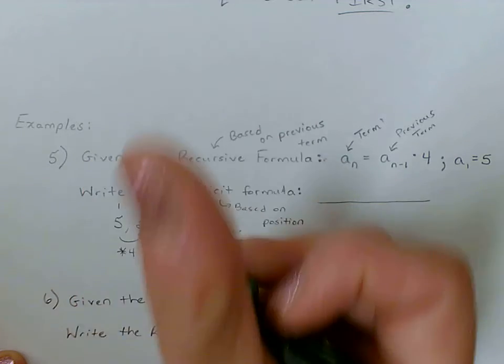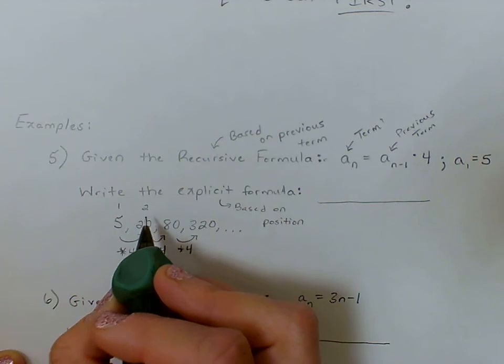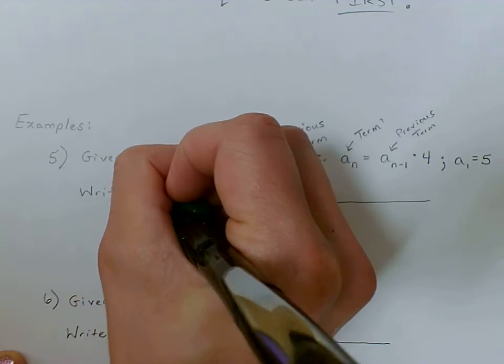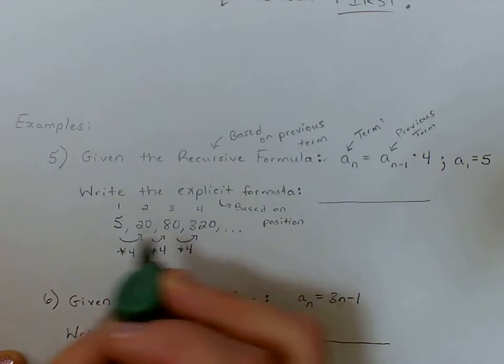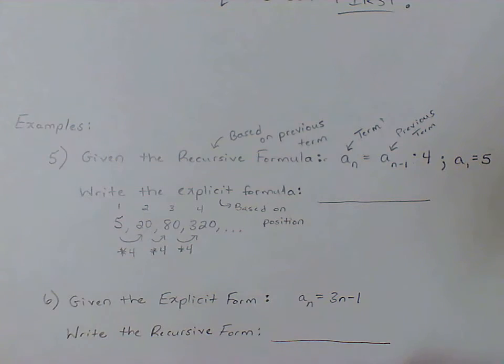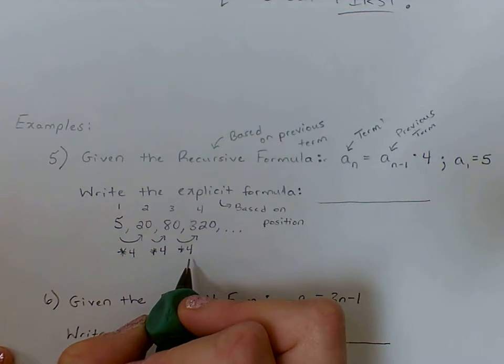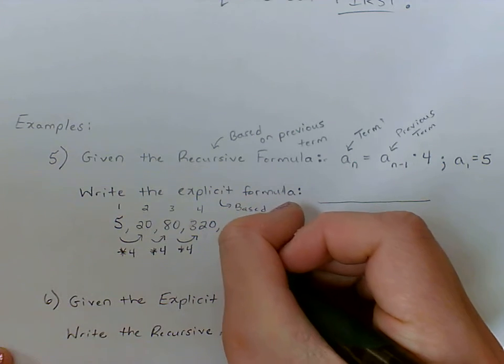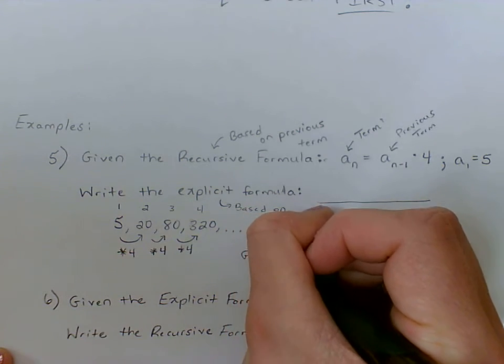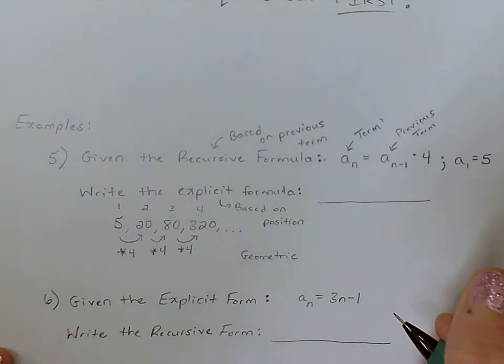Whatever I do there has to be the same thing that I do to 2 to get 20, 3 to get 80, 4 to get 320. These are the positions of those terms. If you can reason that way, go for it, okay? If that doesn't work, then you look at what type of sequence it is. Since you're multiplying, this would be a geometric sequence, and you use the explicit formula for that.